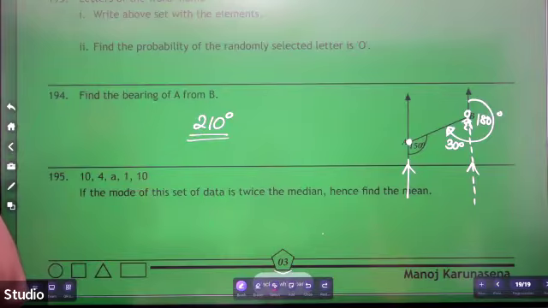If the mode of this set of data is twice the median, hence find the mean.